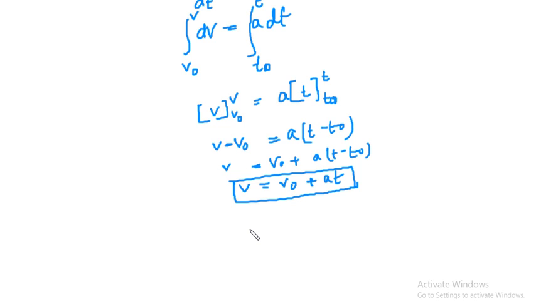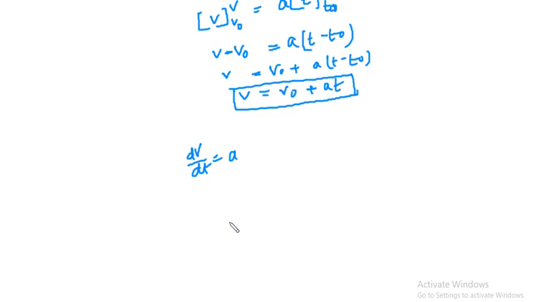Now we want to get equation number 2. So what we have to do for getting equation number 2? See, again we write dv by dt is equal to a, and we can manipulate this like dv by dx and dx by dt.